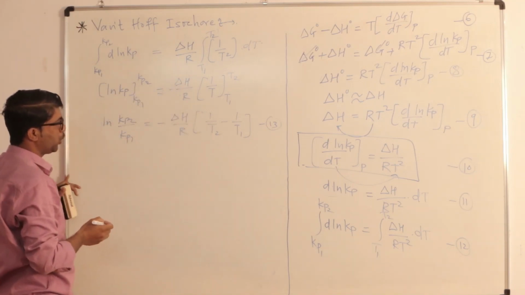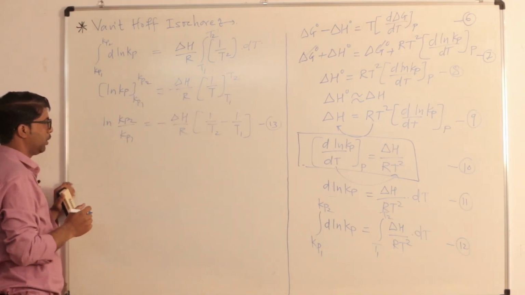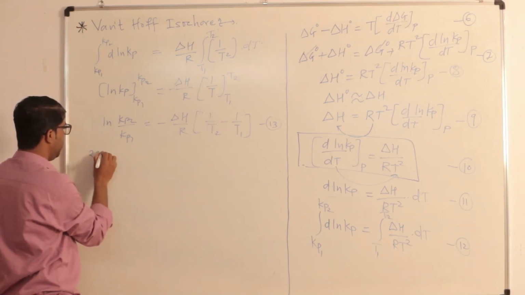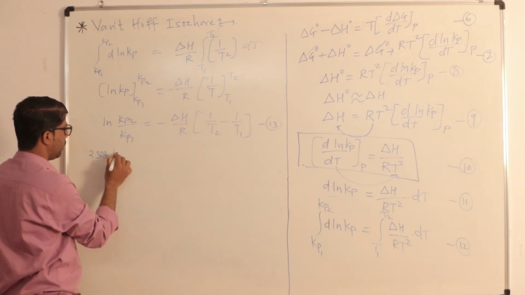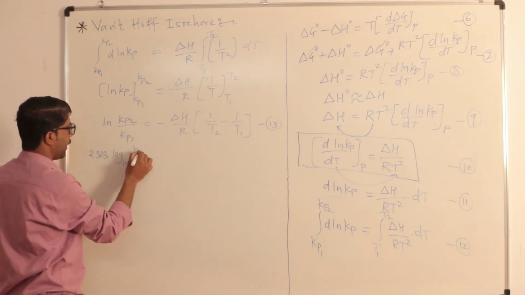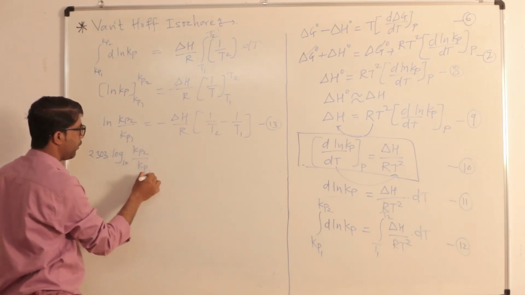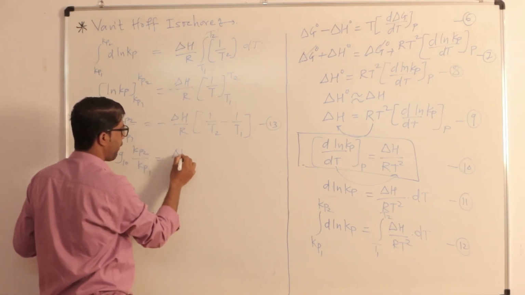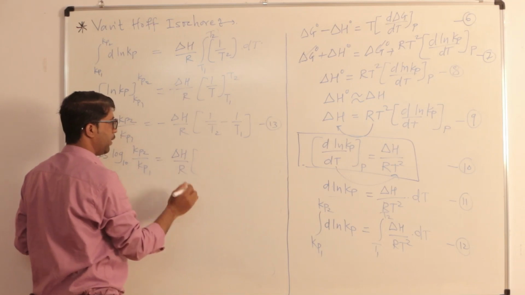Now I am going to convert ln, log base e, to log base 10 by multiplying 2.303 to this term Kp2 upon Kp1, which is equal to, this term becomes positive when we write it here.